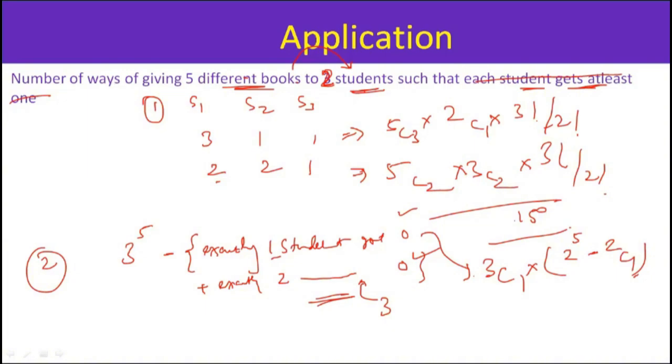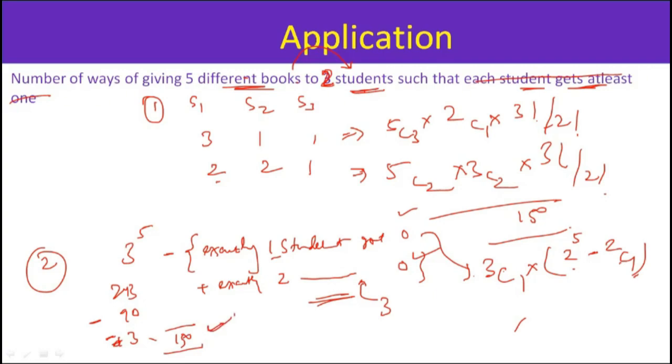So that needs to be subtracted from here. Now this becomes your answer. 3 to the power 5 is 243. So 243 minus 3 into (32 minus 2), minus 3 into 1. So if you solve it, you again get 150 as the answer.